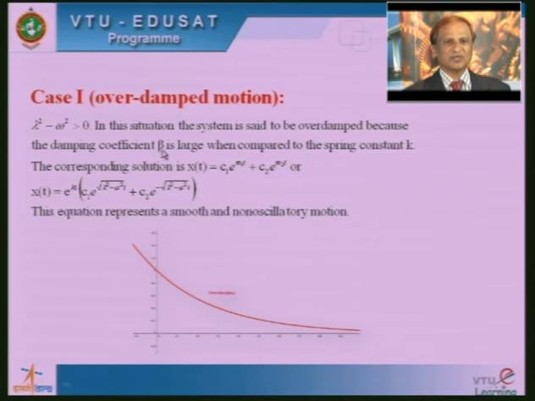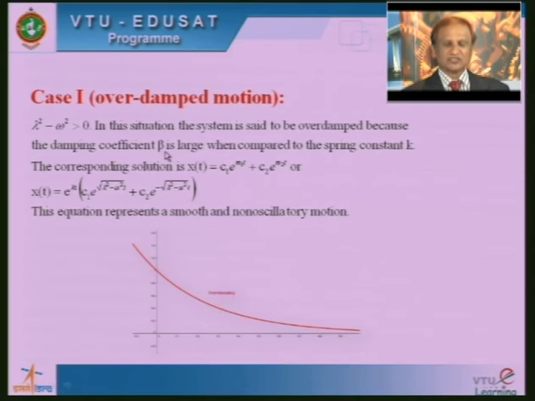Right. So, our differential equation contains beta as well as k. You can replace beta by some constant, k by some constant, and we have to think whether beta is larger than k or not. Suppose beta is larger when compared to the spring constant k, in that case we say the motion is called over damped motion.